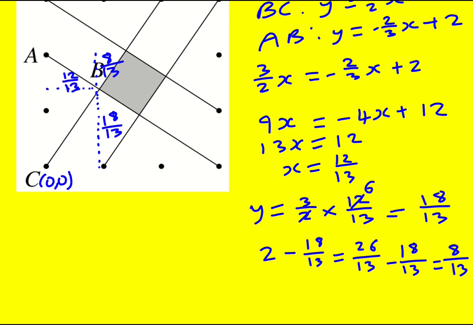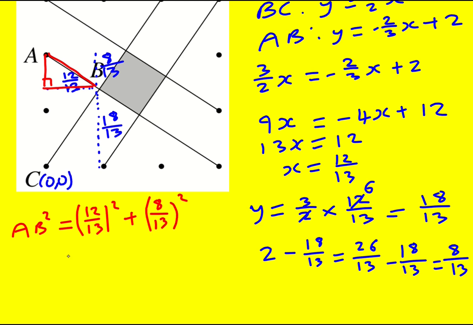So I now actually have a little triangle here. This is going to be right angled, and I've got both lengths. So AB, or AB squared, is going to be 12 over 13 squared plus 8 over 13 squared, which will give me 144 plus 64 over 13 squared, which I'm going to leave as 13 squared because I'm going to square root it again in a minute.